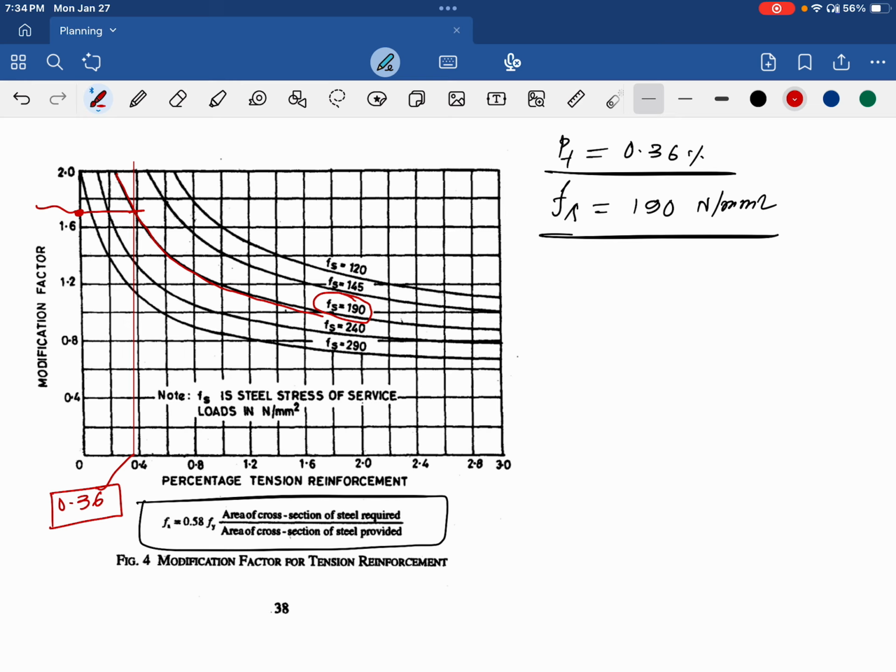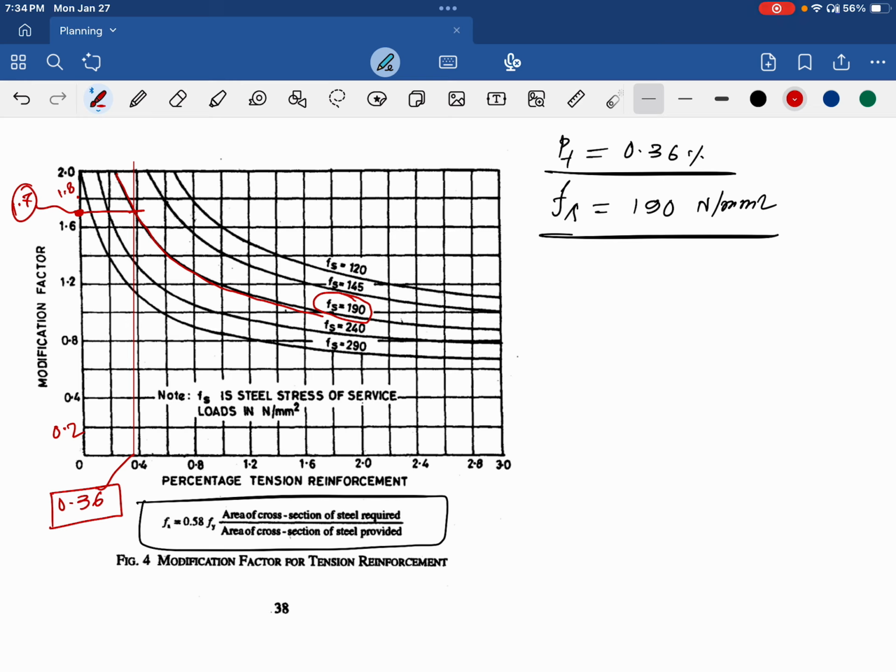See, this is 0, 0.2, 0.4, 0.6. It's in the interval of 0.2. So it will be 1.8, and at the center it will be approximately 1.7. You can take it approximately 1.7, and somebody can take 1.75 also.